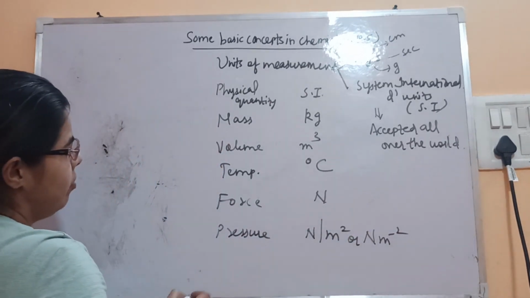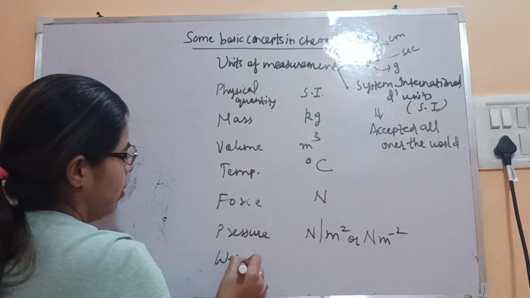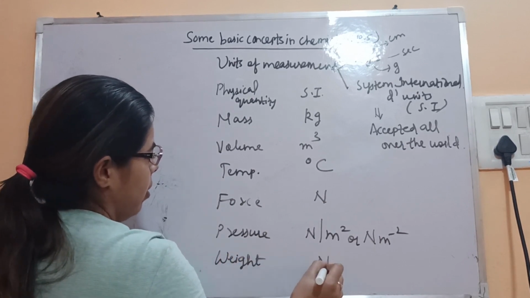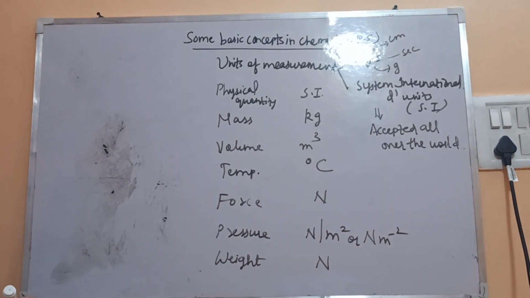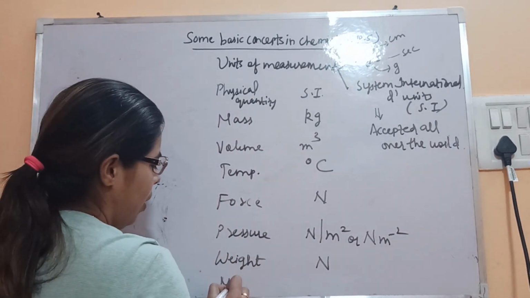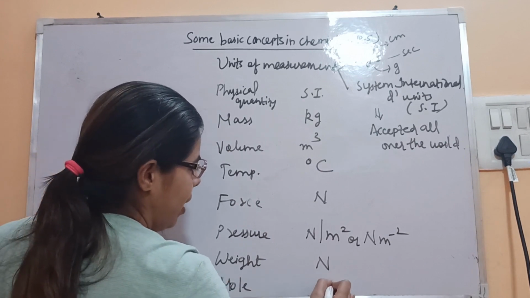Then what else is left? Weight also in Newton, and so on. Fine. So these are the units which are accepted worldwide. Mole, if I say, mole will only be written as mole.